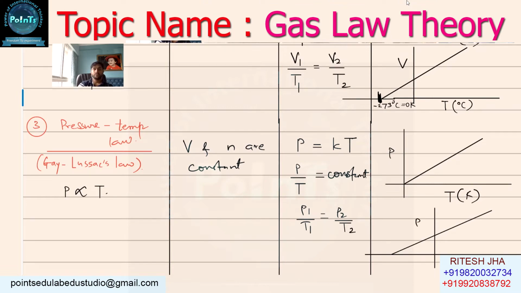Both these laws help us understand that as you tend to reach 0 Kelvin, the molecular motion ceases, and also the size of the molecule decreases. It shrinks to zero.